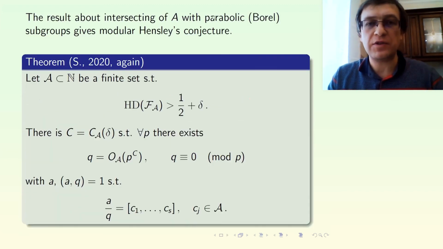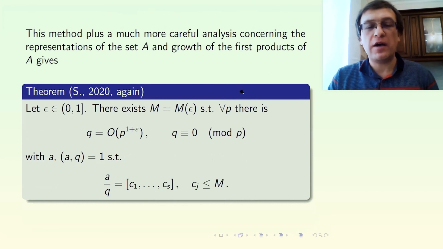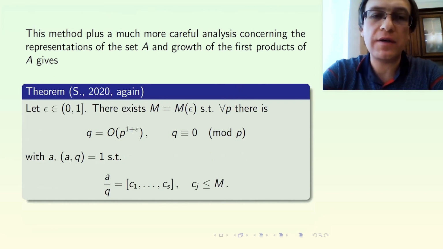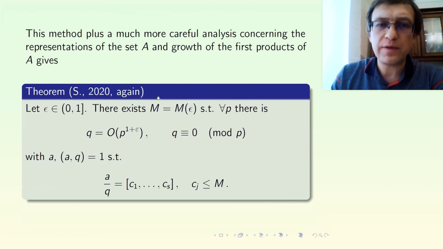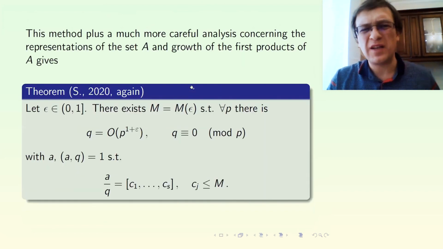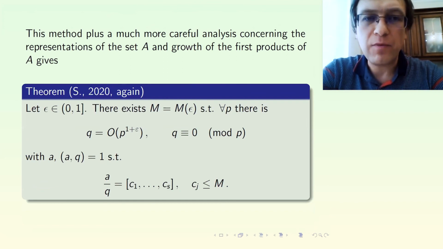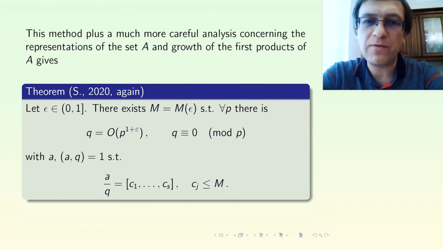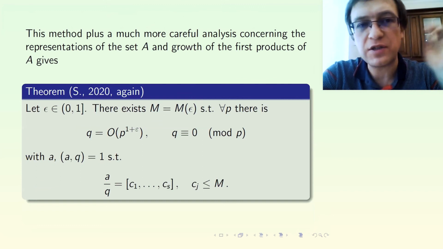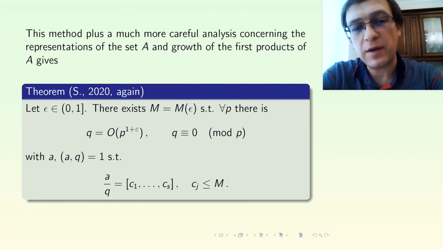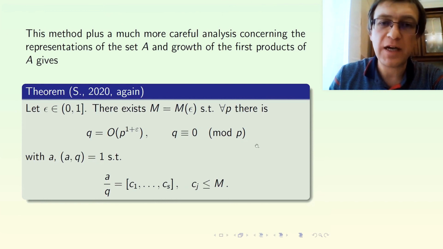And it gives you this result in the direction of the Hensley conjecture, modular conjecture. I don't want to talk more about it. Using some more careful analysis concerning the representations of my set A, you can obtain this result with 1 plus epsilon.